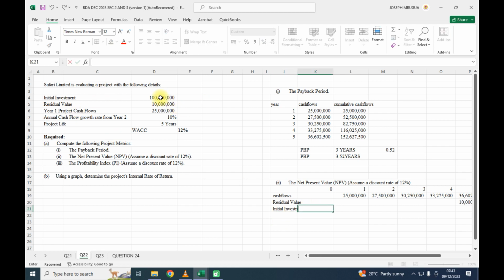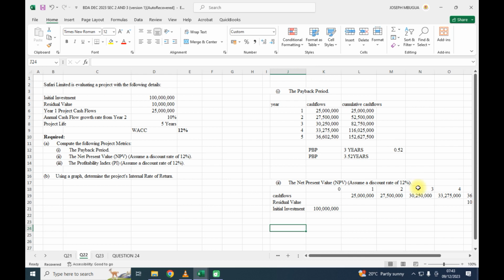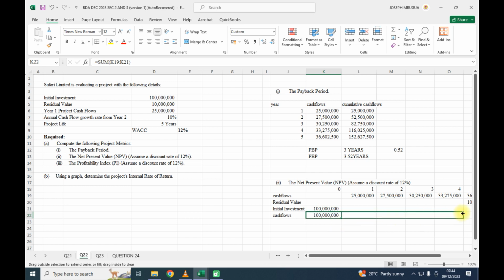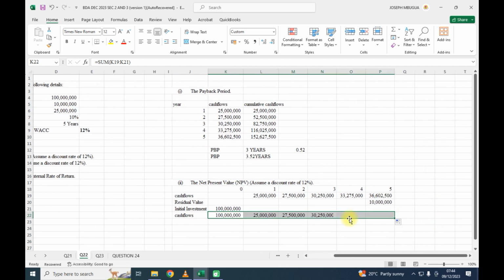So year 0 we have 100,000, our initial investment, so that our cash flows here, just add all of them and drag these. That will be our cash flow.